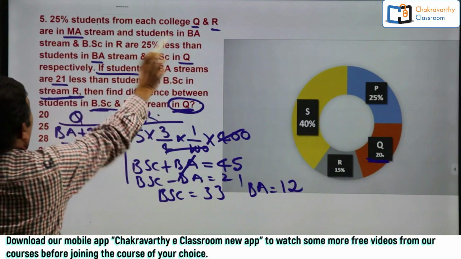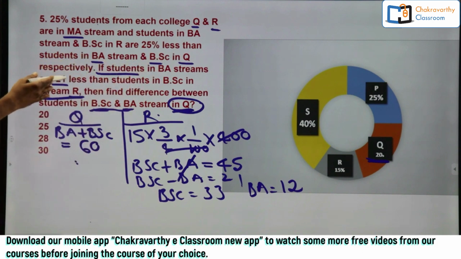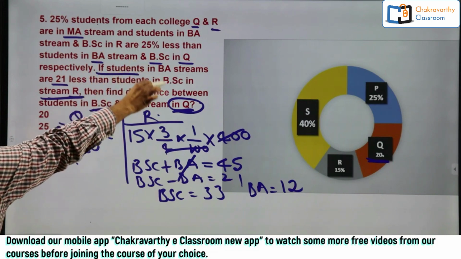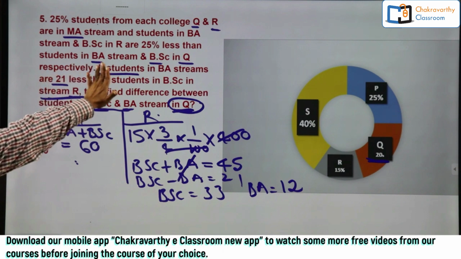MA stream are over, and here they have given that very important information. The students in BA stream and BSc stream in R are 25% less than the students in BA stream and BSc stream in Q respectively. What is the meaning of this one here, students?